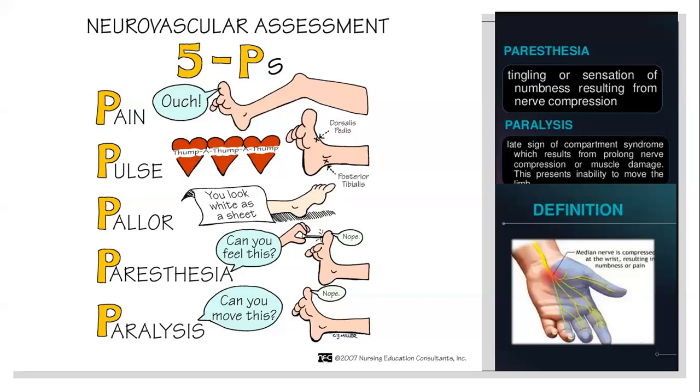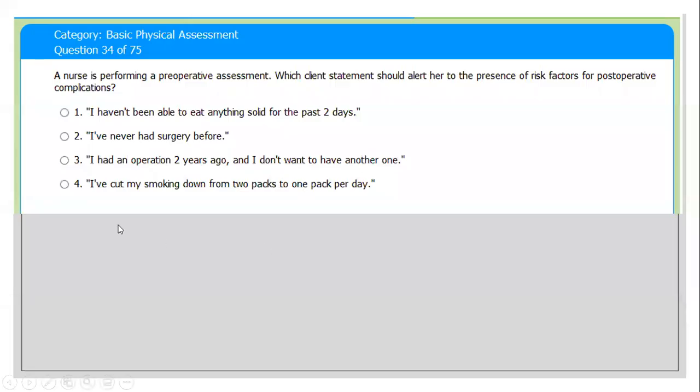Next question here. A nurse performing a preoperative assessment: which client statement should alert her to the presence of risk factors for postoperative complication?